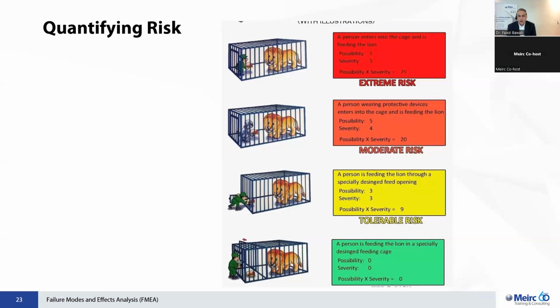And if you think here of the moderate risk, where we start to give the person some protective devices, you might reduce the severity, but not the probability. And as you move out, the possibility is less, severity is less.